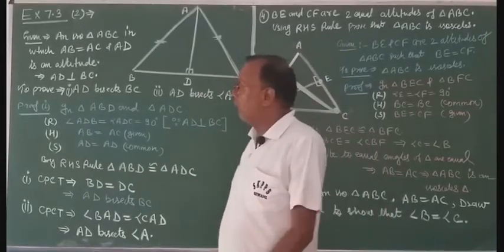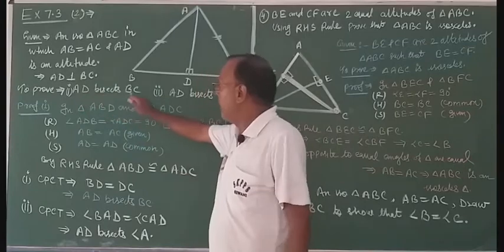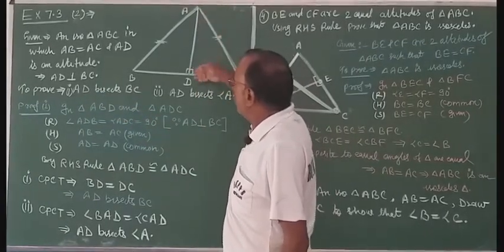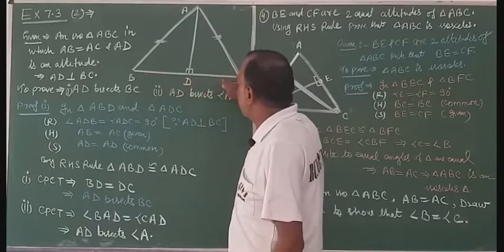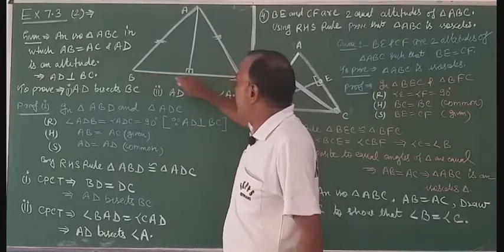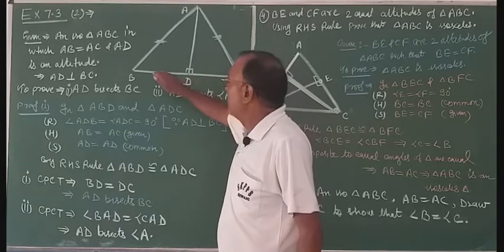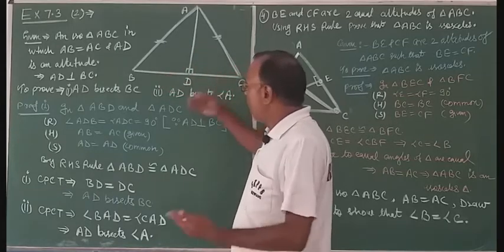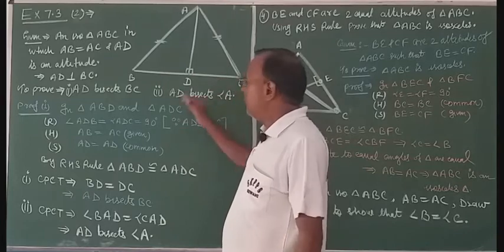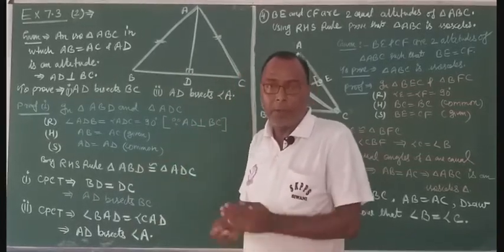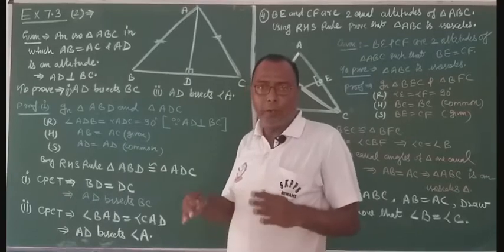Now what do you have to prove? To prove: AD bisects BC. This altitude AD bisects the side BC, or divides the line segment BC into two equal parts. What is the meaning of bisects? Dividing into two equal parts.